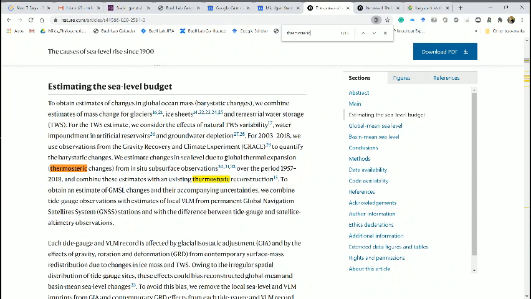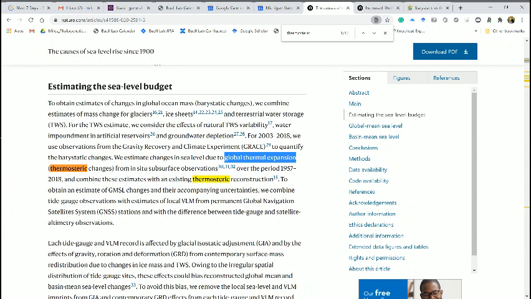So I think by global thermal expansion, they mean that as water warms up, it actually expands a little bit. You can think of how if you boil water, a tiny volume of liquid water turns into a very large volume of steam.